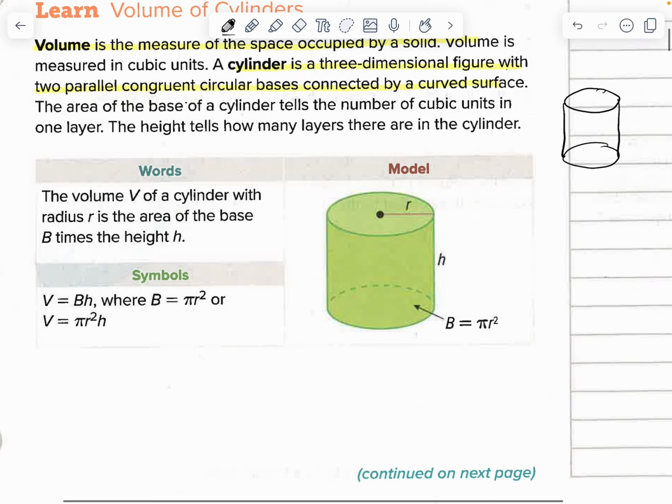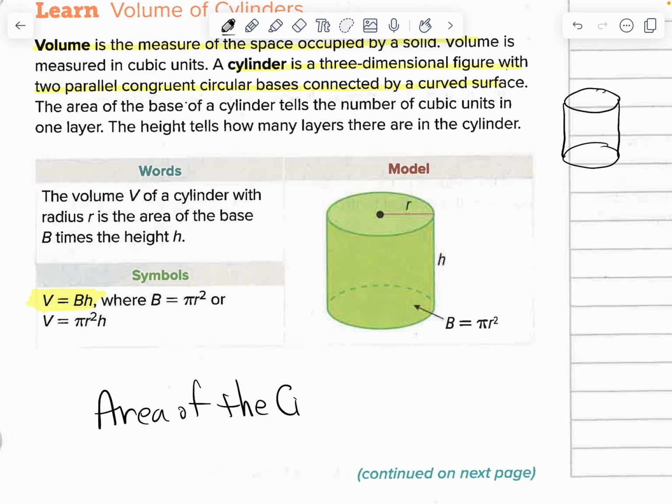So the volume is a lot of times represented by big B, little h. And what that big B stands for is the area of the circle. So you find the area of the circle first and you multiply it by the height.